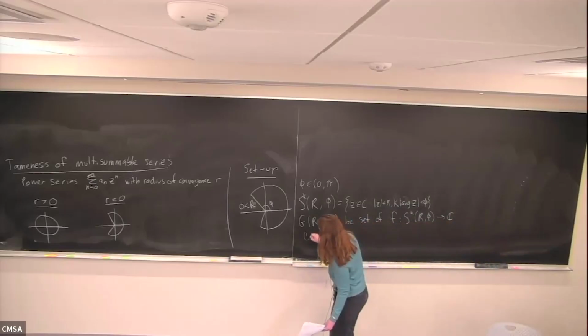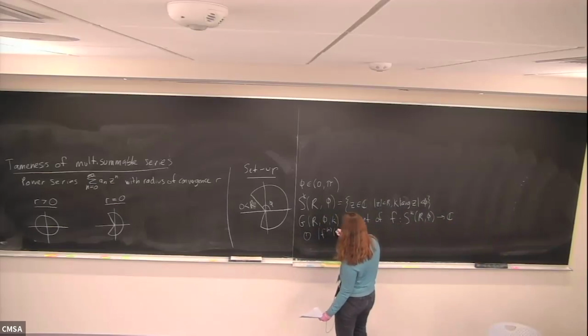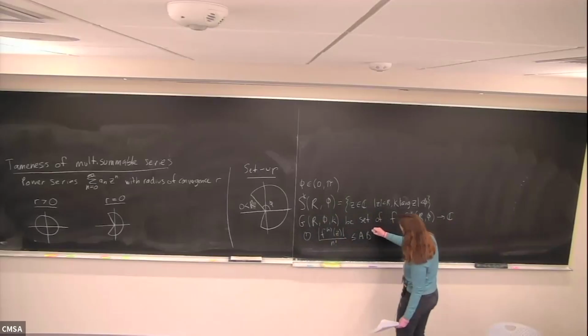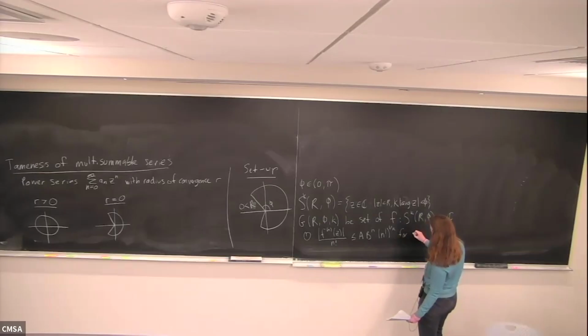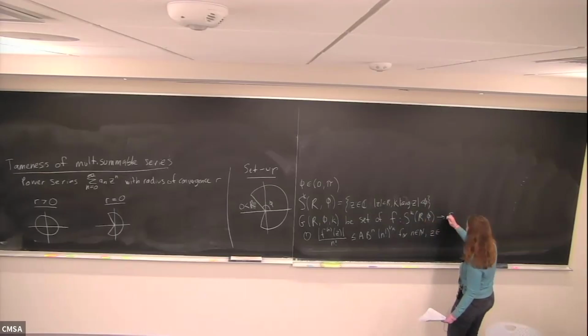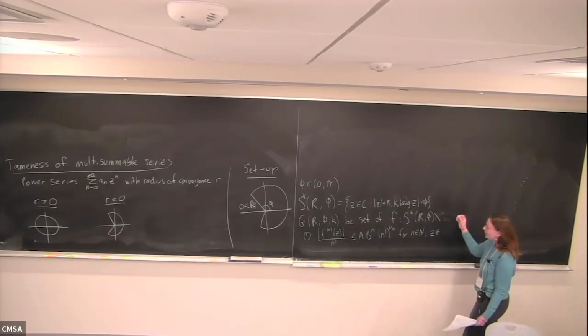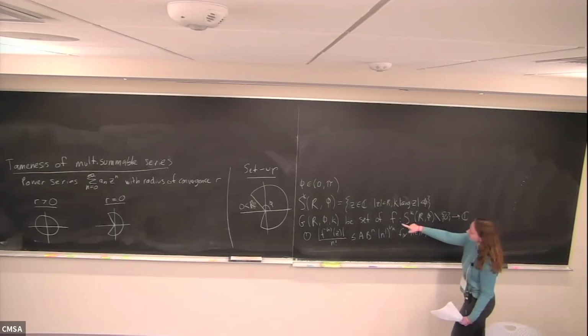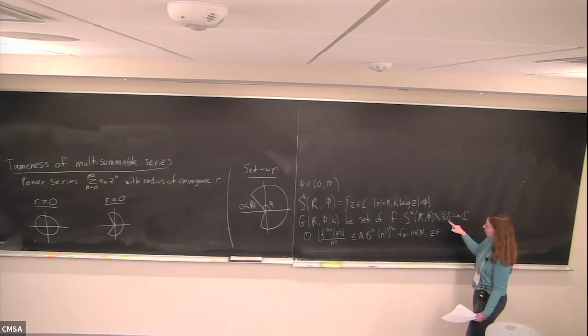First, the derivative of f over n factorial is bounded by A times B to the n times n factorial to the 1 over k, for all natural numbers n and z in the sector. Sorry, the sector minus 0. I just said I was going to take away 0 and I already forgot. The point is that these functions are not defined at 0.